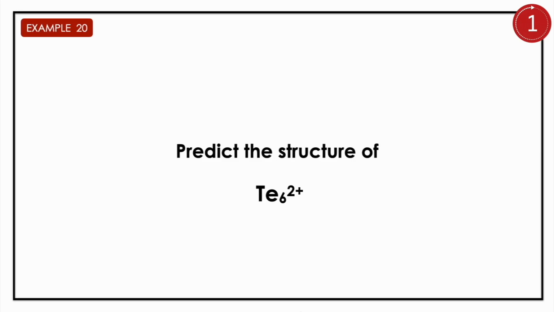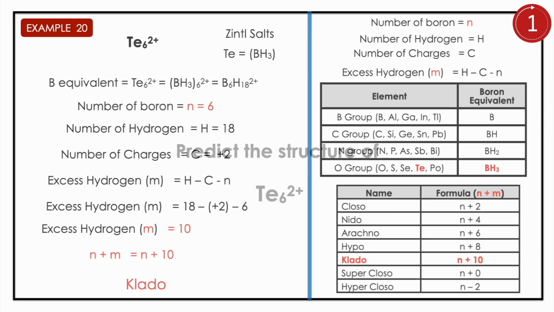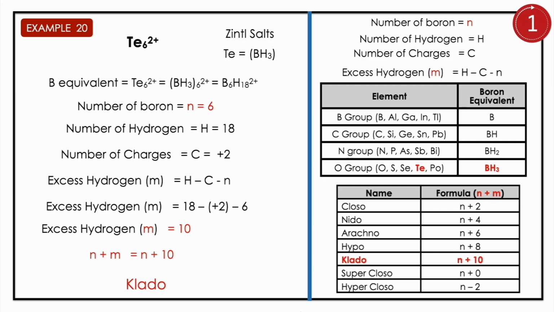Then the final example, here you have Te6 2 plus, tellurium 6 times dication. You should find the structure using Wade's rule. The compound is Te6 2 plus, a tellurium cluster, clearly a Zintl salt. So you should find the boron equivalent.